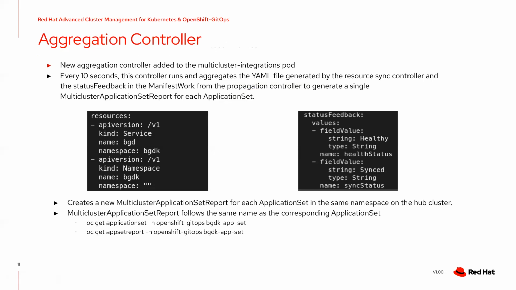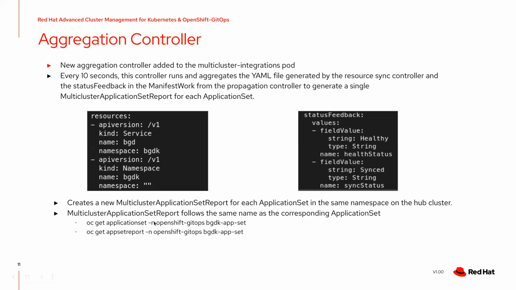On the left, the resources from the resource sync controller, a service and a namespace. And an example on the right is the status feedback that we would get from the propagation controller in the manifest work. This report is generated for each app set in the same namespace on the hub cluster and has the same corresponding name as the application set. So if we have BGDK app set as the application set name, we also have that as the report name.